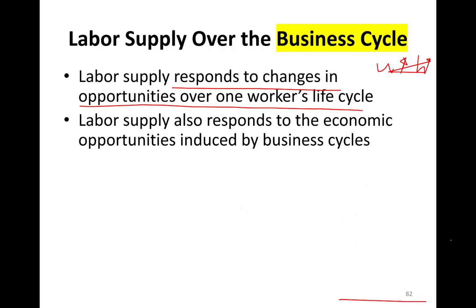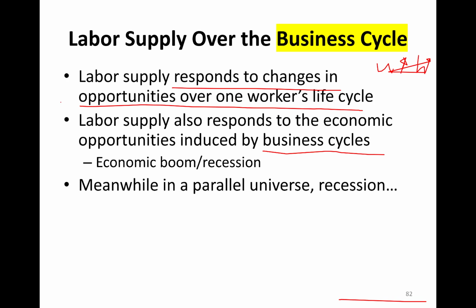Business cycles are periods where there's a recession, GDP is declining, or an economic boom when GDP is increasing. GDP is the gross domestic product of a country: all the goods and services produced in a year in a country, domestic. So business cycles are economic booms or recessions.